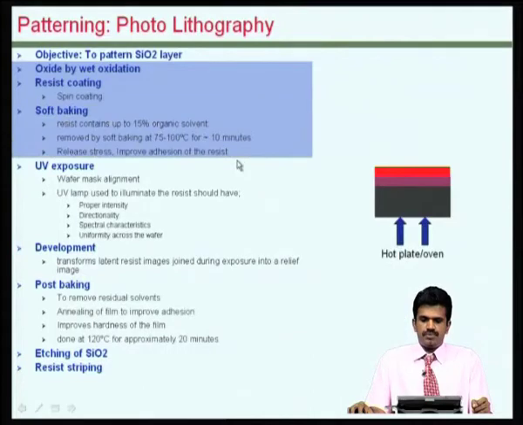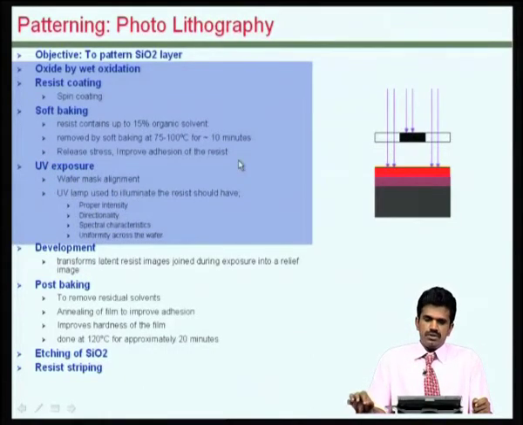After that, it is exposed to the UV beam by putting the mask on top of this. Usually the mask is placed directly on top, so that there is little chance of diffraction at the edges of the mask.